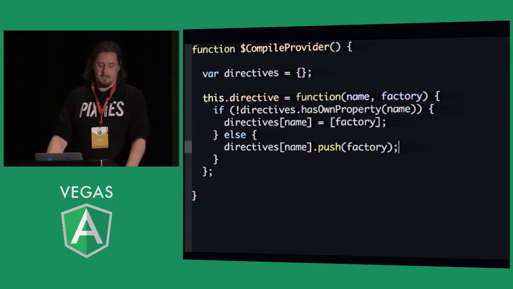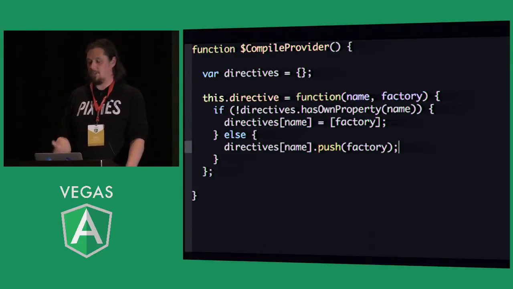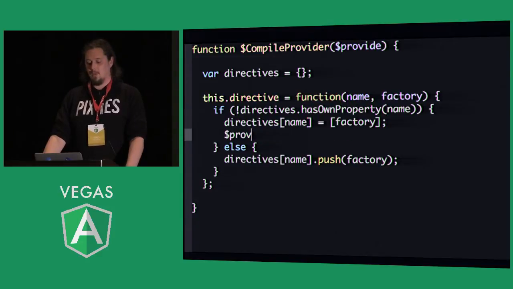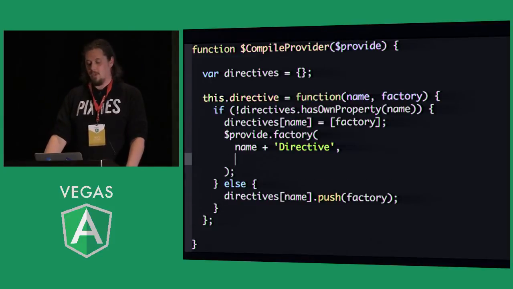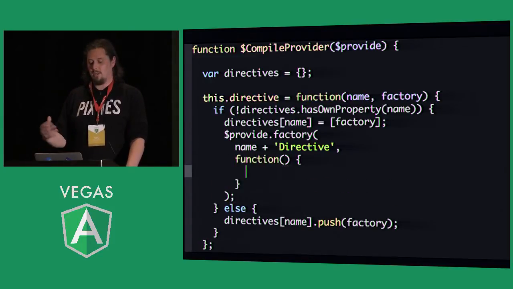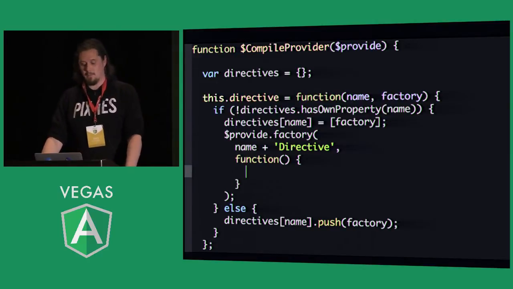Also, the directive factories support dependency injection, so we need to plug that in here as well. So we'll use the $provide service to do that. We'll inject that into the provider. And then as we see the first directive for a given name, we actually register into the application using the $provide service a regular factory function by the name of that directive followed by the string Directive. And that factory, when it's called, will instantiate all the directives with this name.